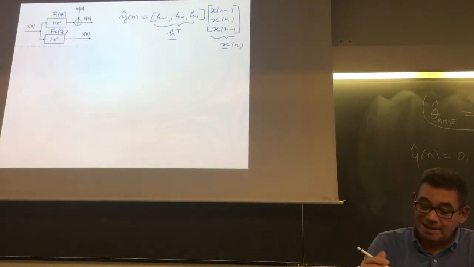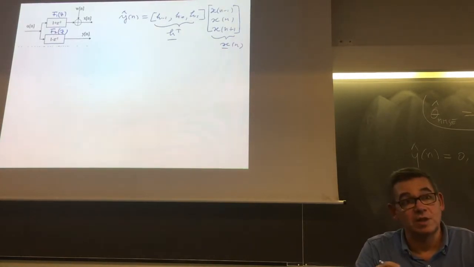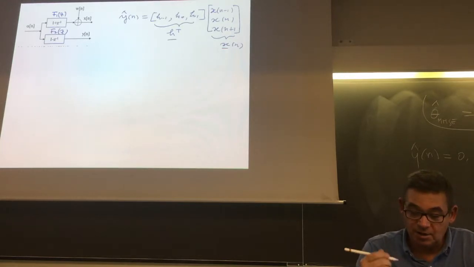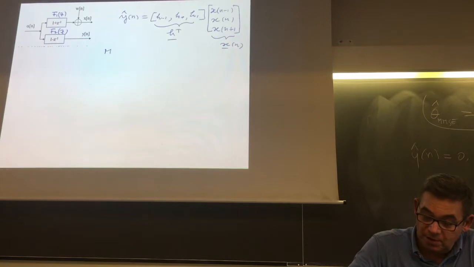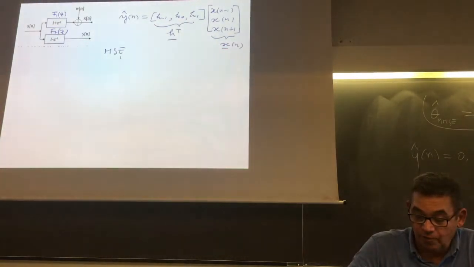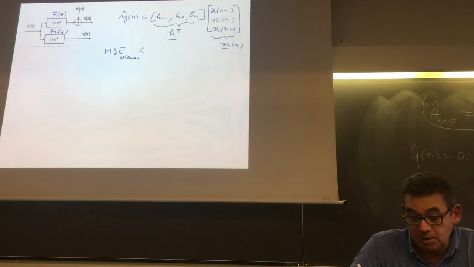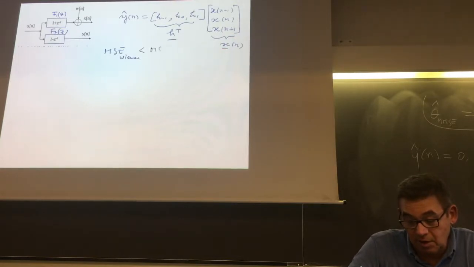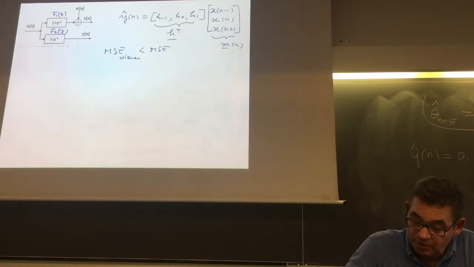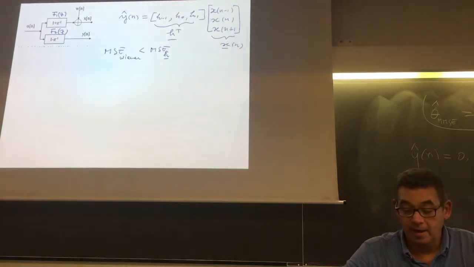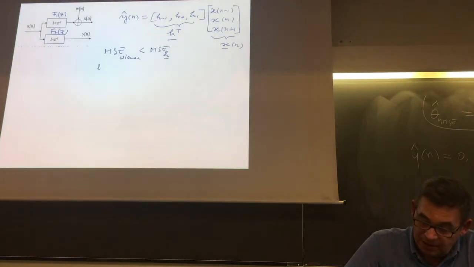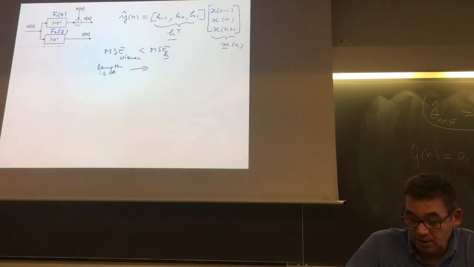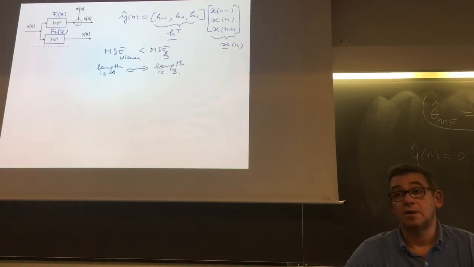So what I expect before touching the equation, something that is triggering my brain, is that the mean square error for Wiener is smaller than the mean square error for this optimum H. That's because the length is infinite versus the length equal to 3 in this case.